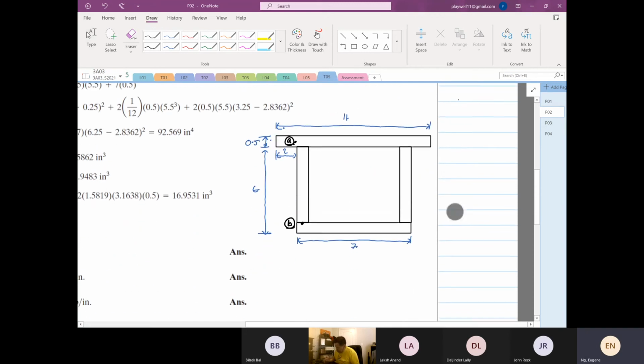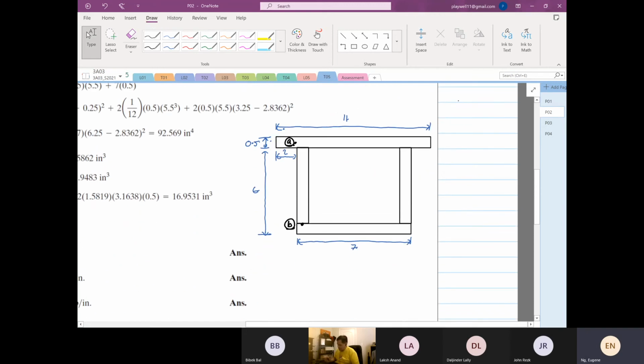Okay, so it wants to find the shear flow at point A and point B, right? So we know that we have a V coming from the center, right?